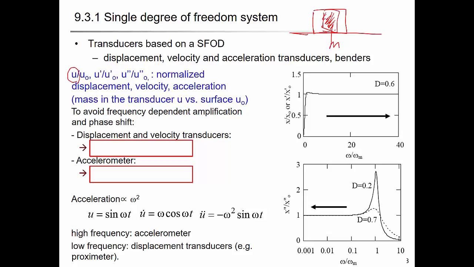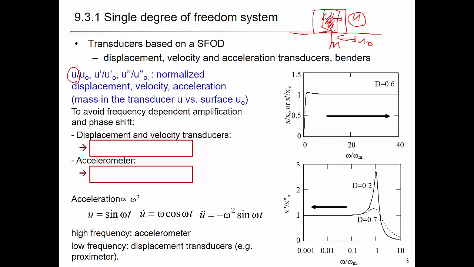If the displacement of this mass is U and the ground motion is U naught, this U should be similar to U naught. Right? That's why we are applying the sensor. The sensor should capture the ground motion properly.